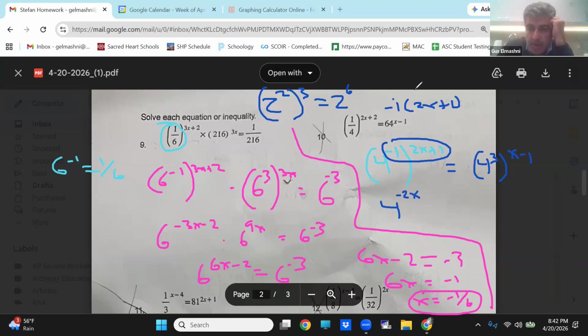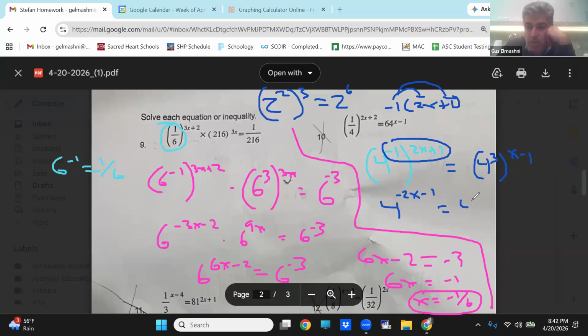You're just multiplying. -1 times 2x, -1 times 1. You're just distributing. That's all. So what do you get when you distribute it? Negative 1 times 2x is negative 2x. And what's negative 1 times 1? It's negative 1.